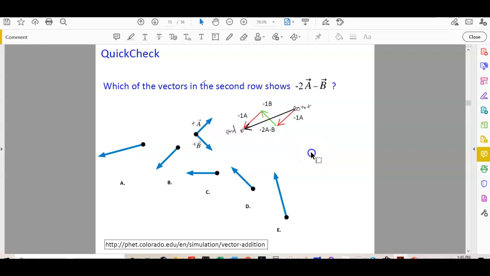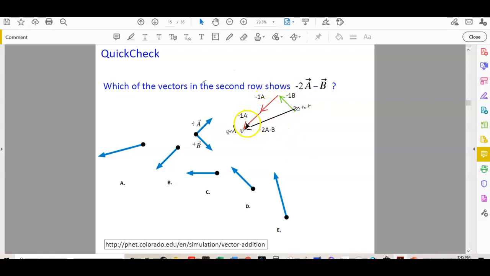Okay. Again, it doesn't matter the order in which you do it. Watch. I'm going to move the negative 1a vector over there and add it to the other negative 1a vector, and take the negative 1b vector and do it that way, and you get the same result.